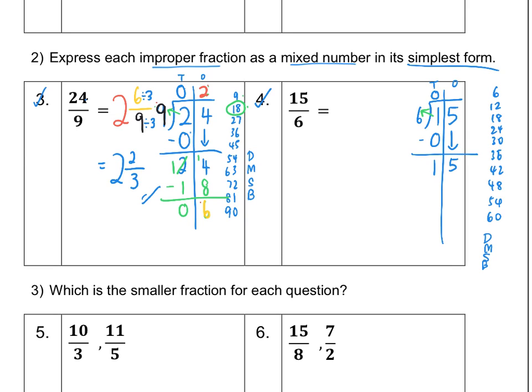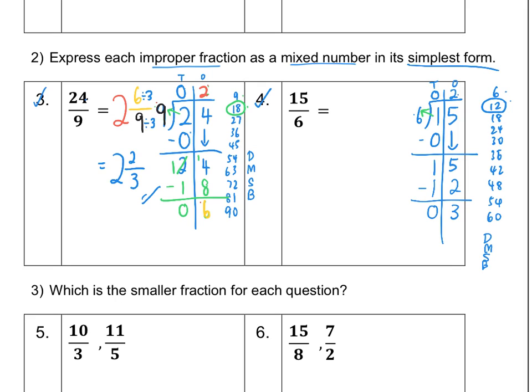Bring down the 5. 15 divided by 6, which number would you choose? I would choose 12. So 15 divided by 6, my answer is 2. 2 times 6 gives 12. Then I subtract, 5 minus 2 is 3. 1 minus 1 is 0.